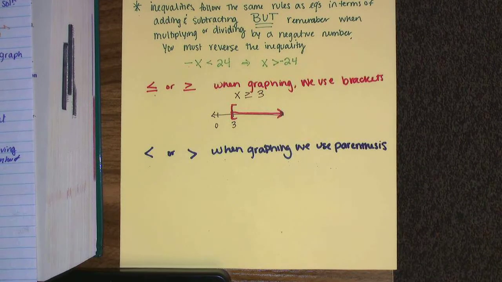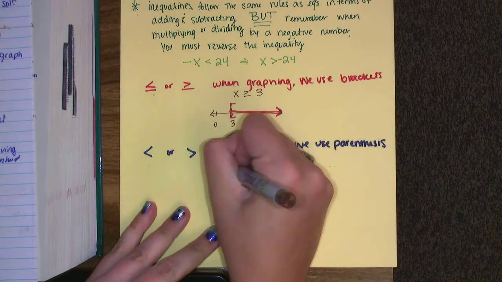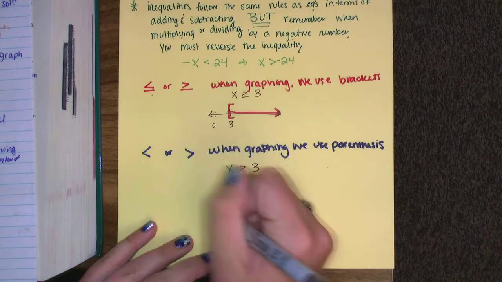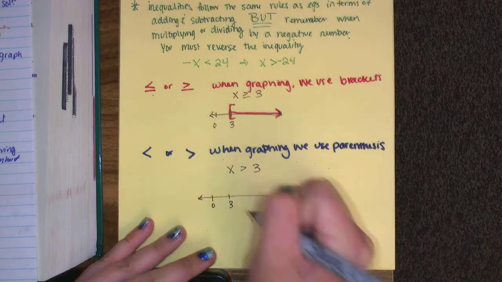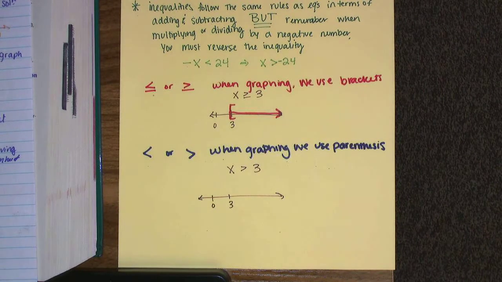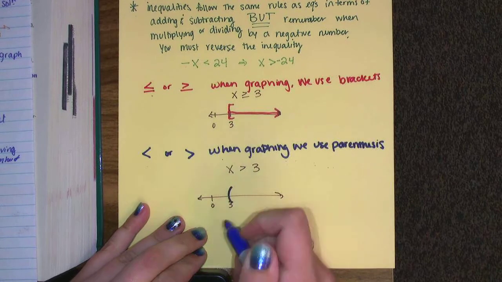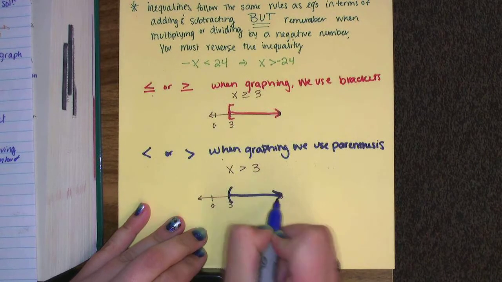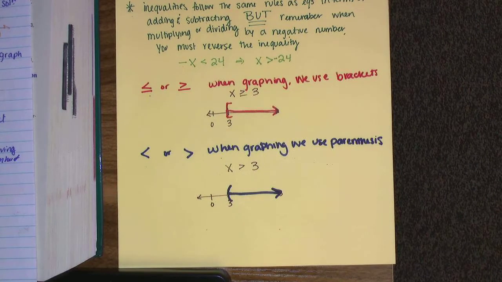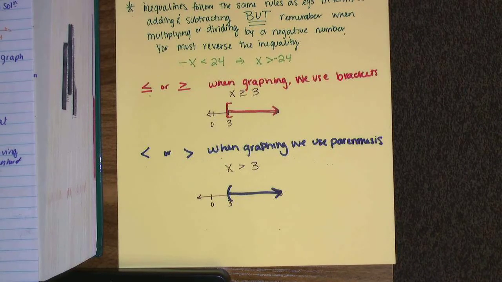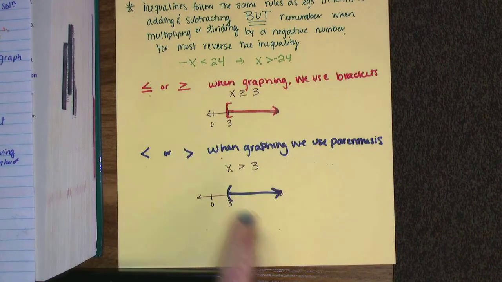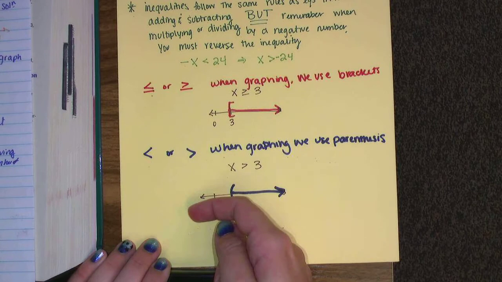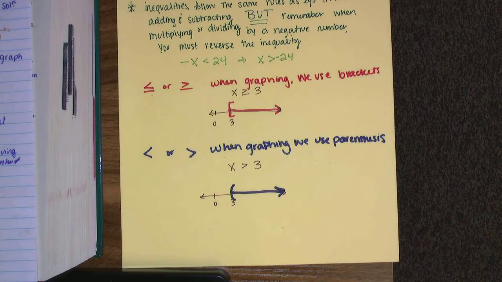Okay, so if I have x is greater than 3, I still set my graph up the same way, but now I use a parenthesis going in the direction of my graph. Okay, and we'll be graphing these. We'll be graphing some between the two options, and some just going one direction or the other. But we'll be using this notation.